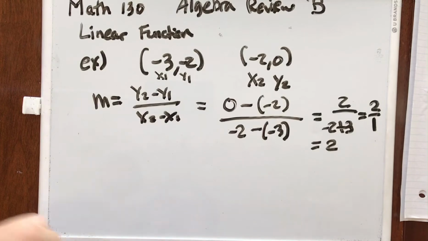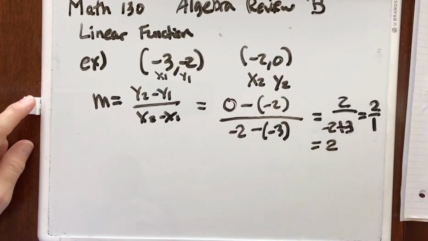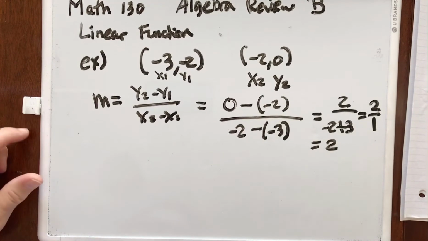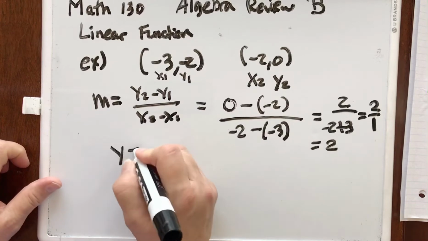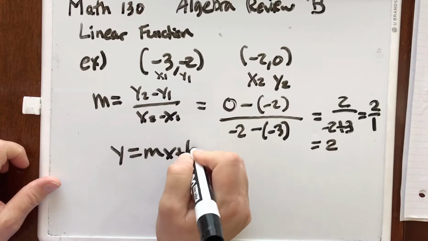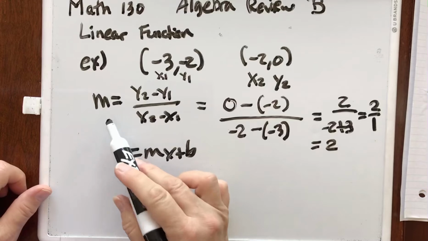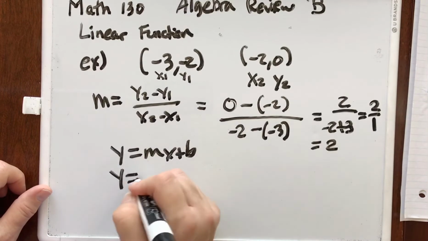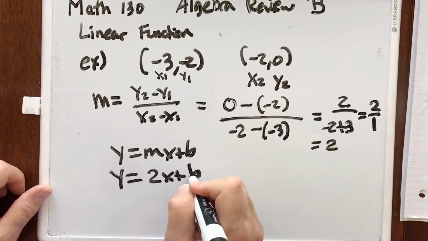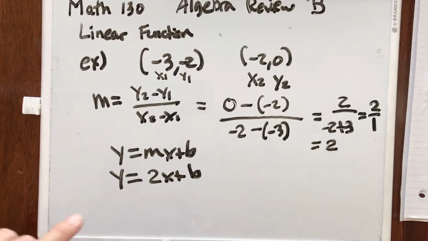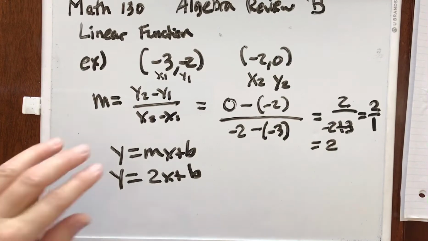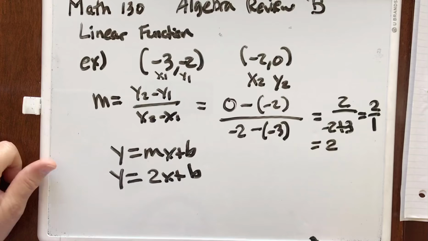Now let's say we're asked to find the equation of the line. Can we find it? We're looking for y equals mx plus b. Do we have our slope? Yes, 2. y equals 2x plus b. Do we have an x and y point? Yeah, we have 2 of them. We can use either one and it'll work.